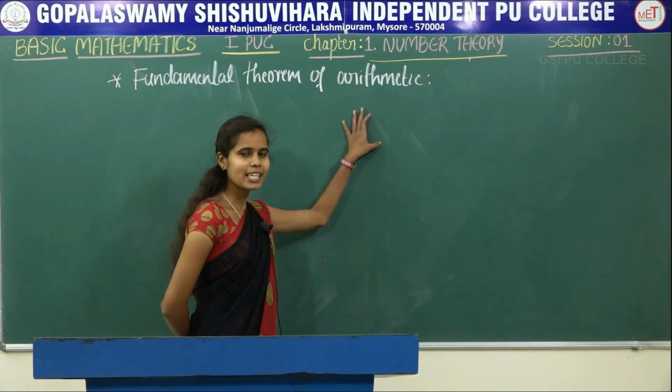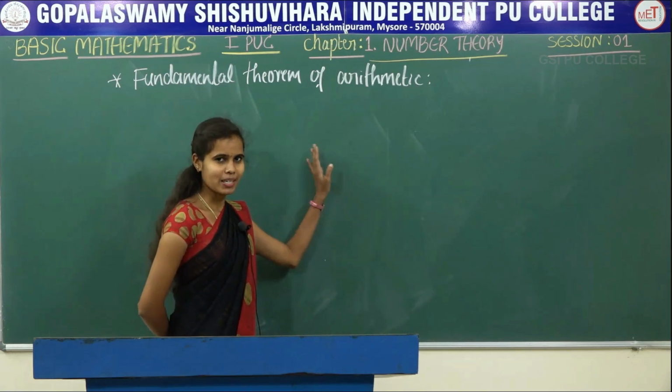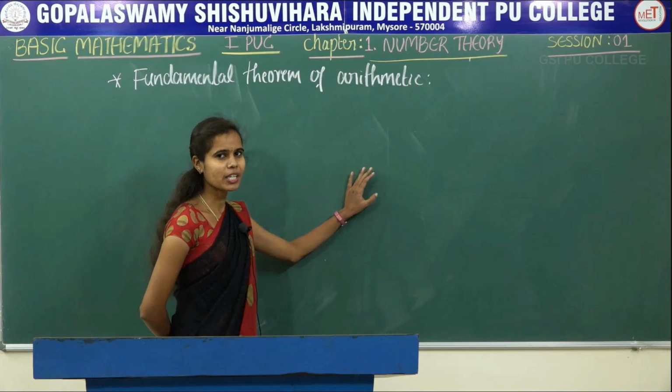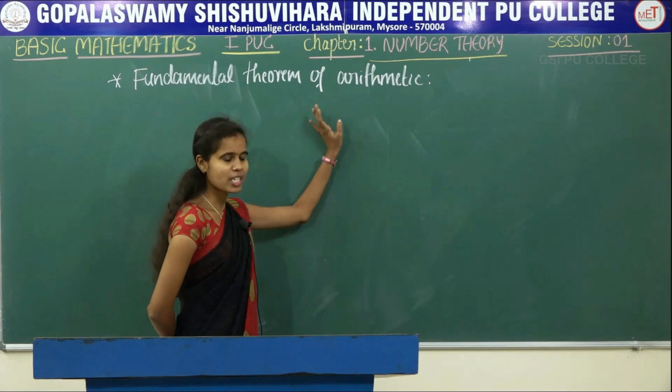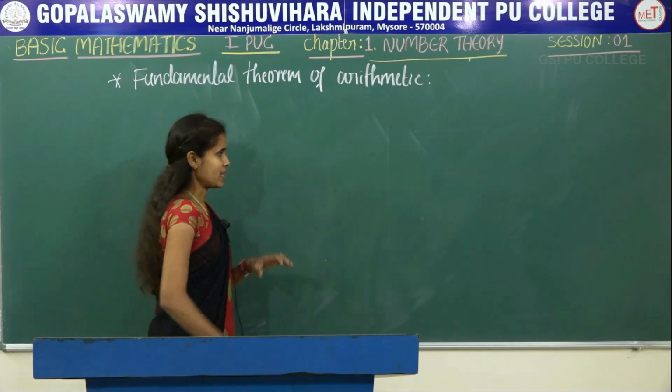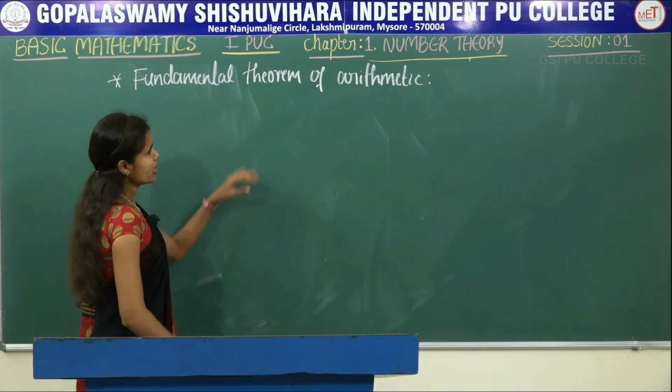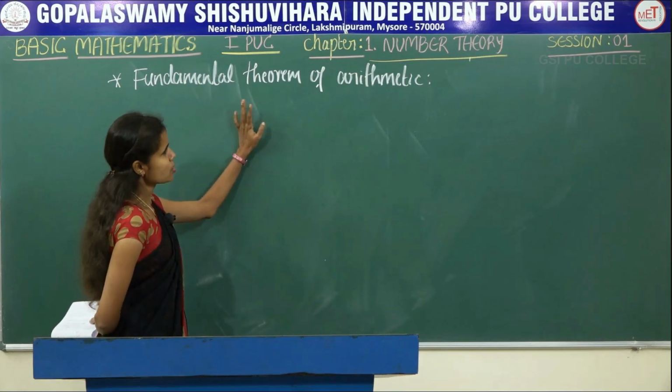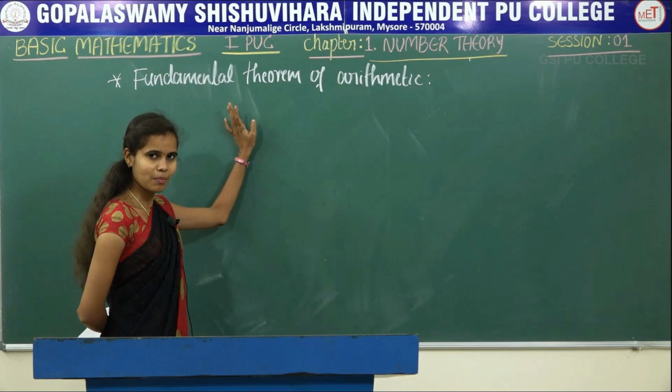It states that every composite number can be expressed as a product of prime numbers, and this representation is unique. For example, we represent using the prime factorization method.